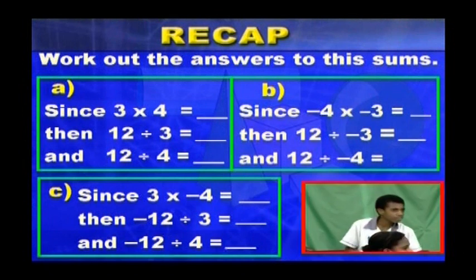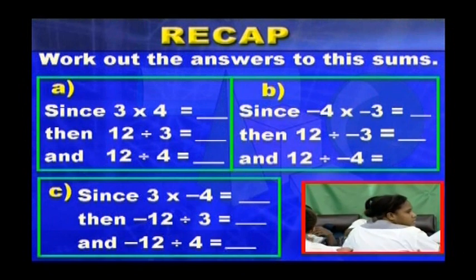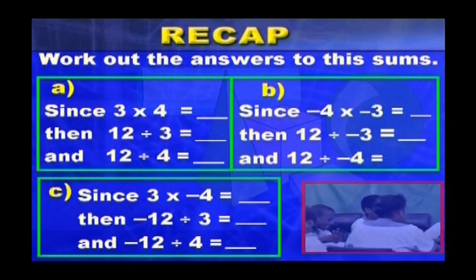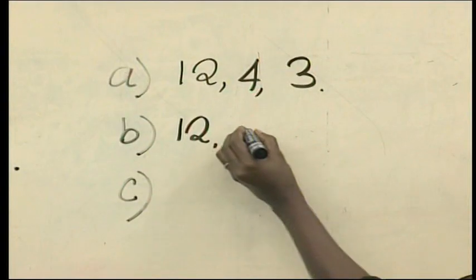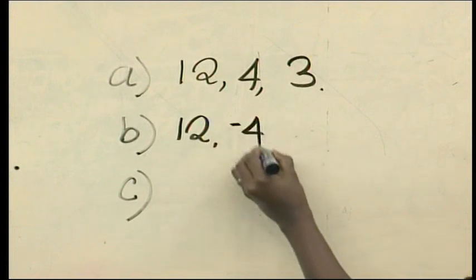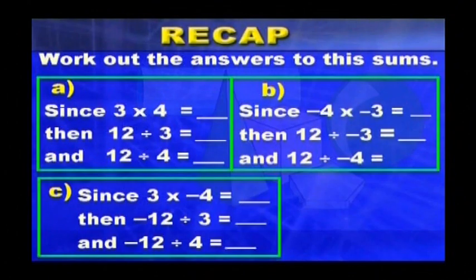Positive 12. The second one? Isaac? Negative 4. 12 divided by negative 4. Daisy?